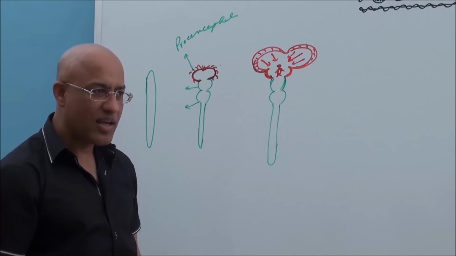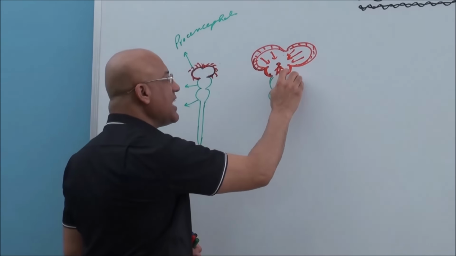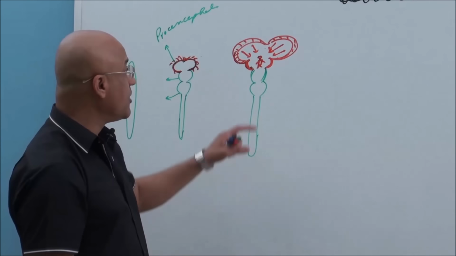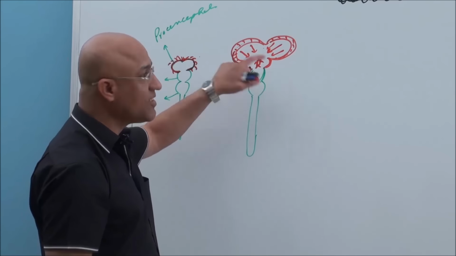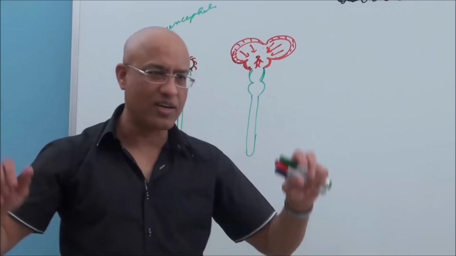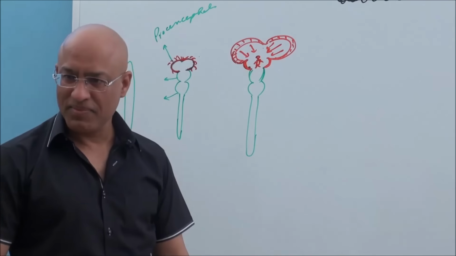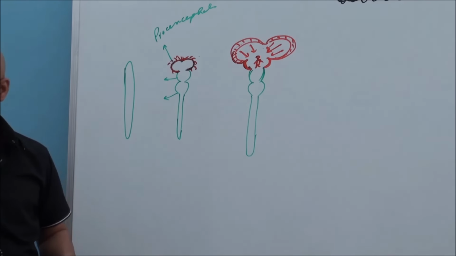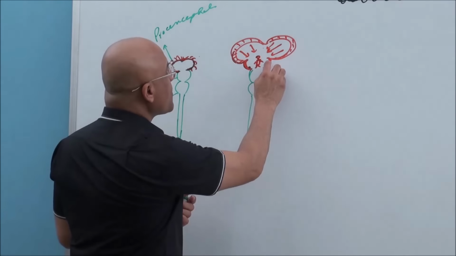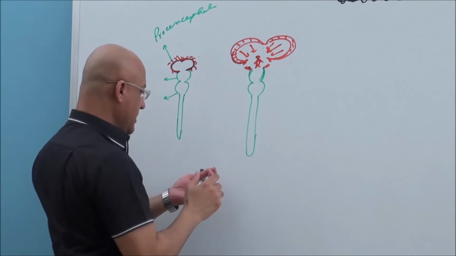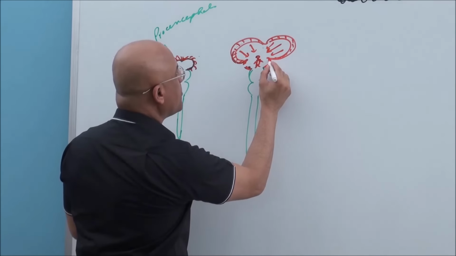Am I clear? Now, from the diencephalon, not from the telencephalon, the beautiful retina comes. It must come from Diana. Right? You know, she was one of the most beautiful ladies.